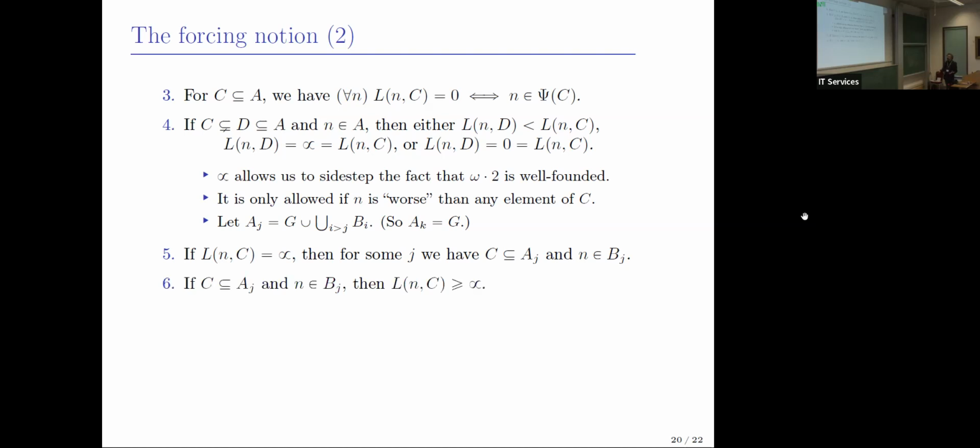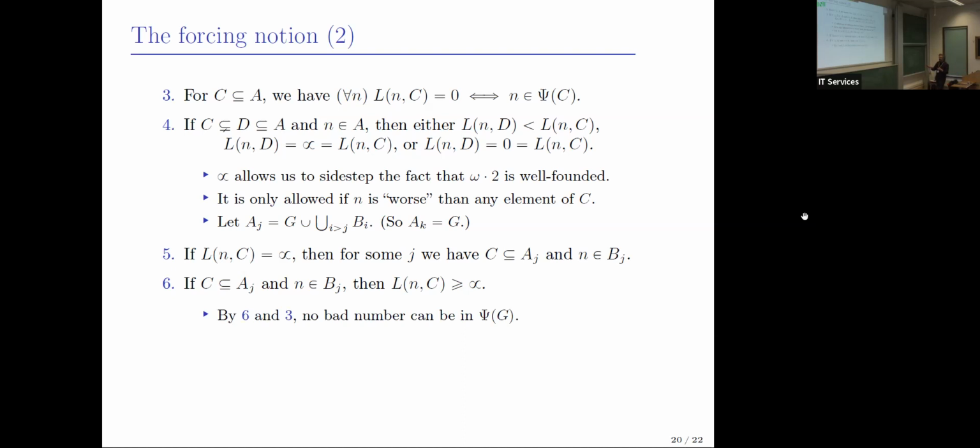And conversely, well, not quite conversely, if C looks good from the perspective of N, then C thinks N is a bad element. We don't want to force it ever into psi of C. So the labeling has to be greater than or equal to the large finite placeholder. The placeholder lets us use a labeling for all the good and bad elements, but not force any bad elements into psi of our set.